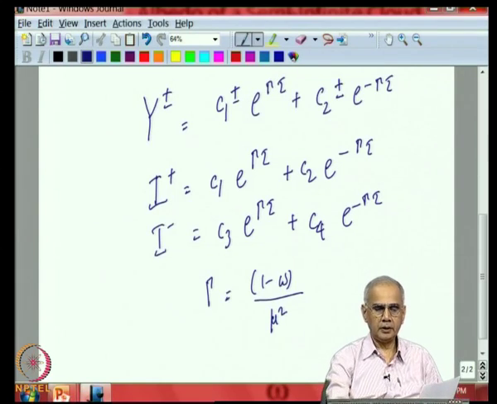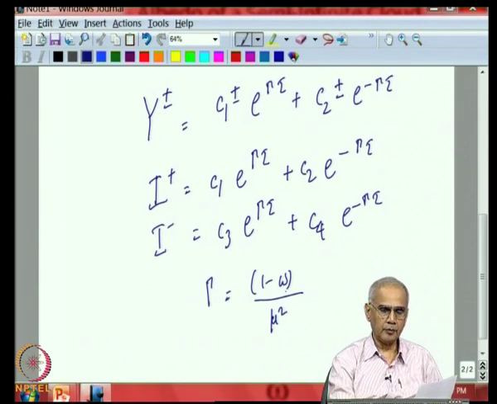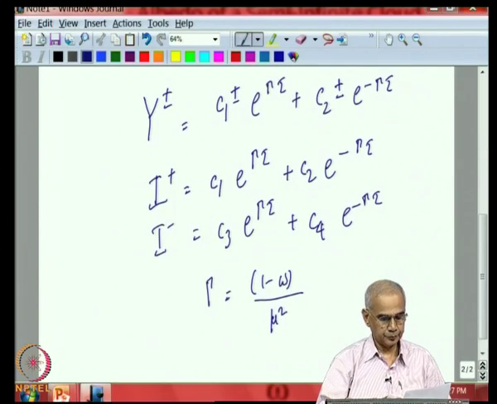So, we see that the way the intensity damps out depends on this single scattering albedo. If it is 1, there is no damping, and as the single scattering albedo goes below 1, there is more absorption, so there is more damping. It also depends on the angle. If the angle is very large, there is more path length and there is more damping.